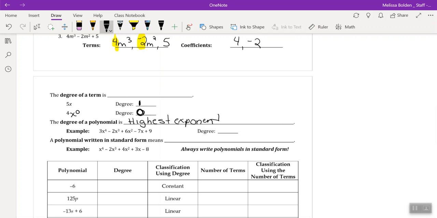So for instance, in this example, we have 4, 3, 2, 1, and then 0. So we would say that this is a fourth degree. So we always want to write a polynomial in standard form, and standard form is from the highest degree to the lowest.